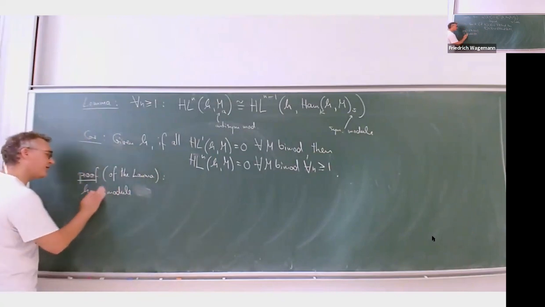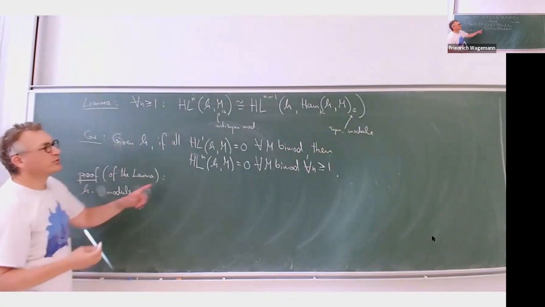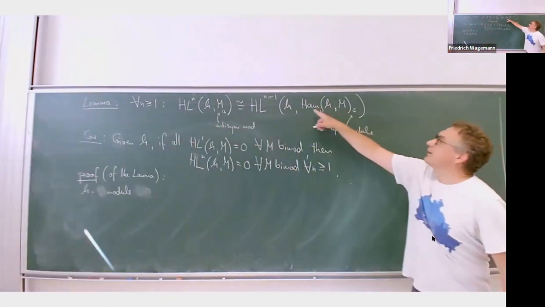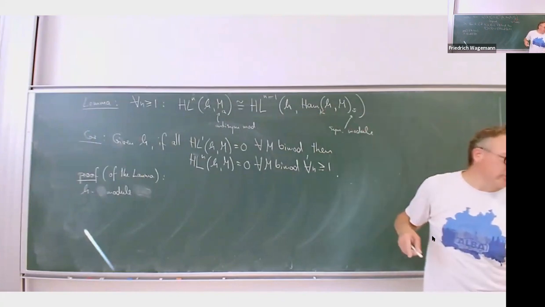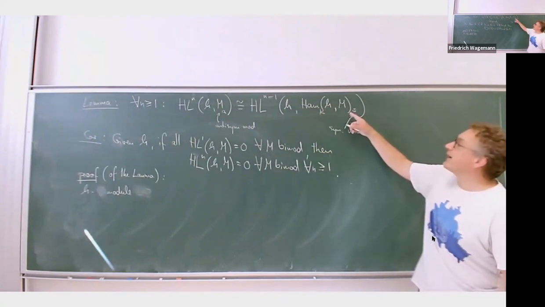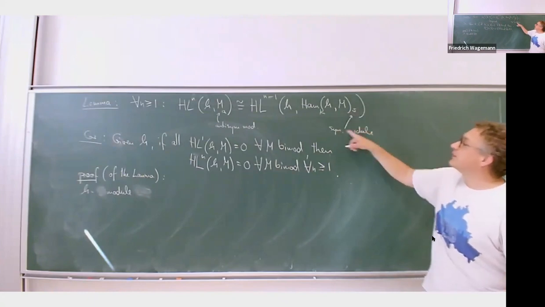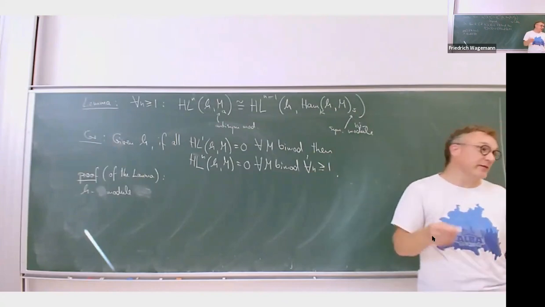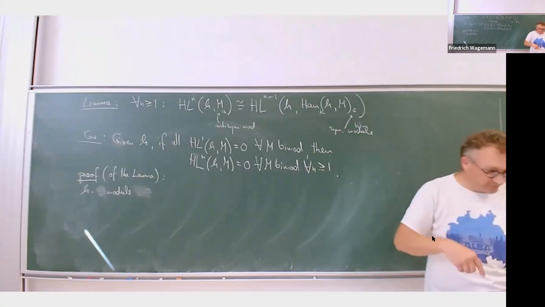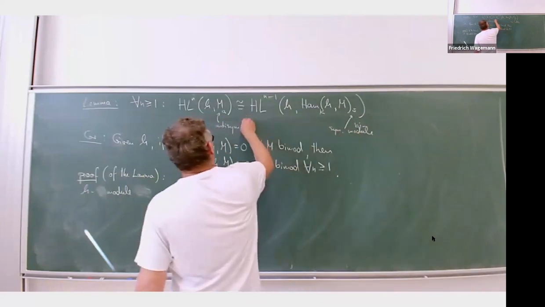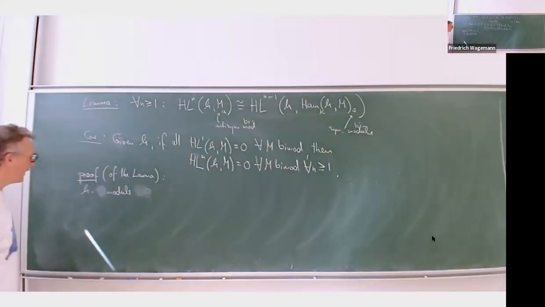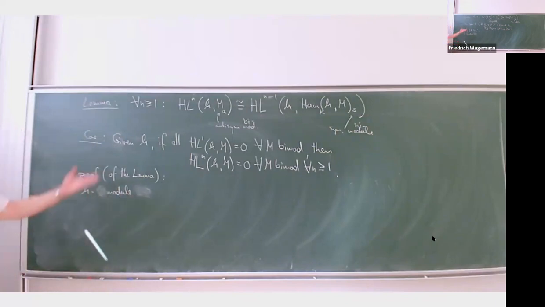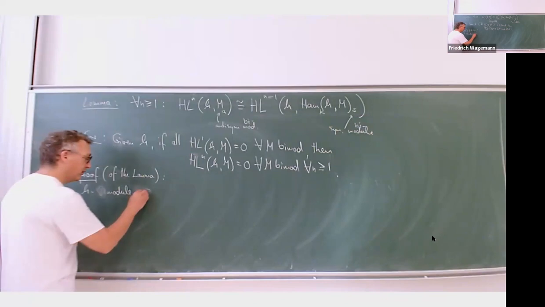Actually, we don't need a bimodule structure, because we make this a left module for the Leibniz algebra H, and then we extend it as a symmetric bimodule, meaning that the right operation is the opposite of the left. So I only have to give a left module structure on this Hom space.